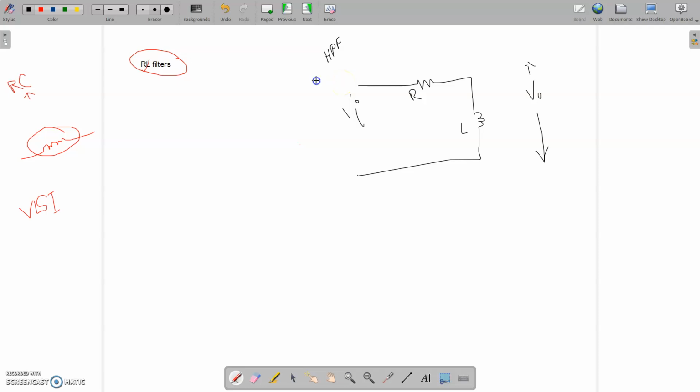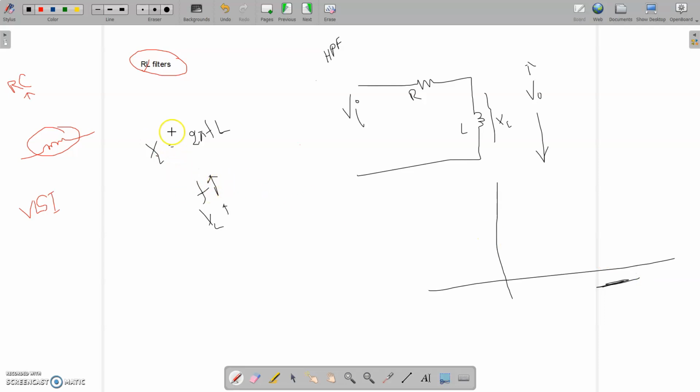Again, we have to look into the transfer function. This is my L, so I have this reactance XL. I have XL equals 2πfL, the opposite of the previous scenario. That means when frequency increases, this XL also increases. So when I have high frequency, I have high XL. High XL means the voltage drop across this branch is equal to my current and my XL, right?